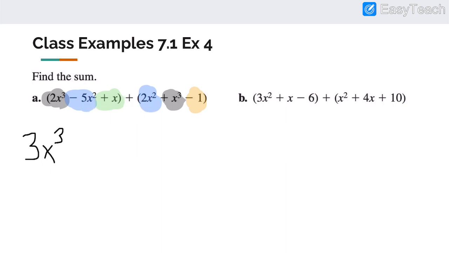Well, negative 5 and positive 2 simply make negative 3x squared. I have a singular x and a singular negative 1, so those are just going to come down as is. So plus x and minus 1. Again, I would encourage you to mark up your problems to figure out which ones are the same like terms, and then use the operation between them to help solve.